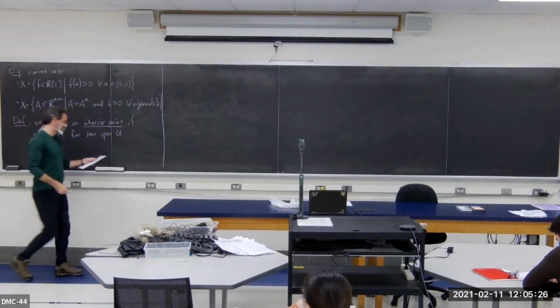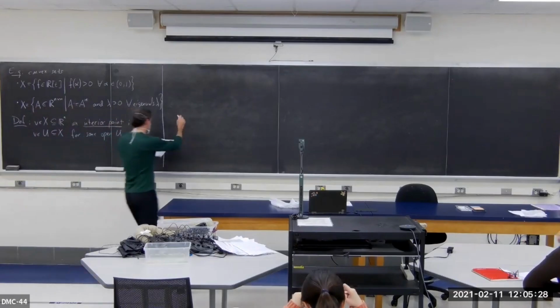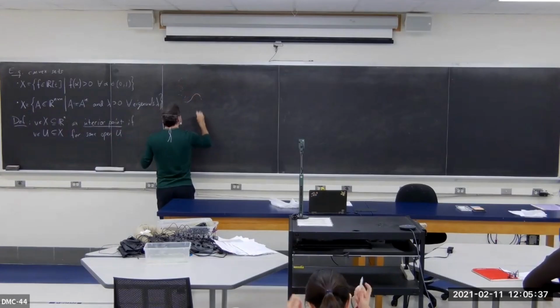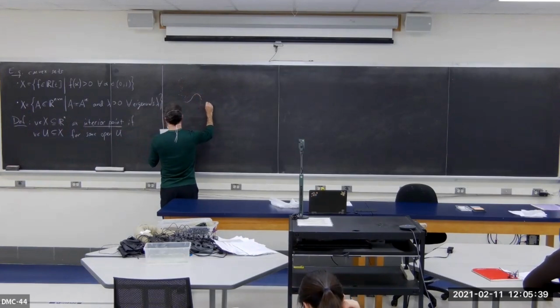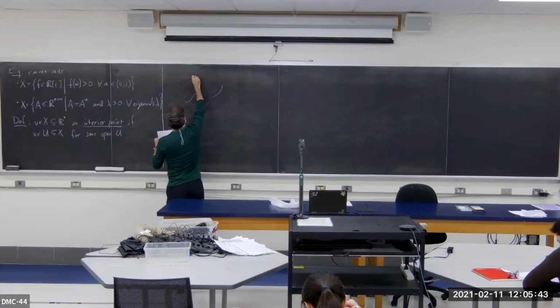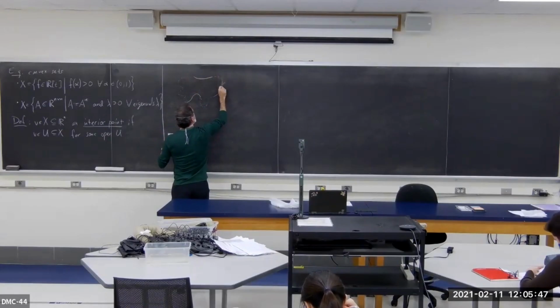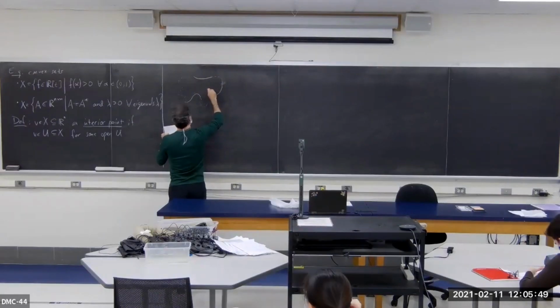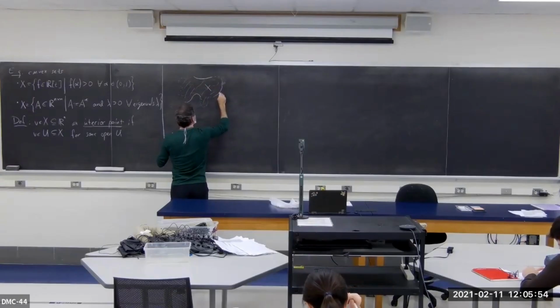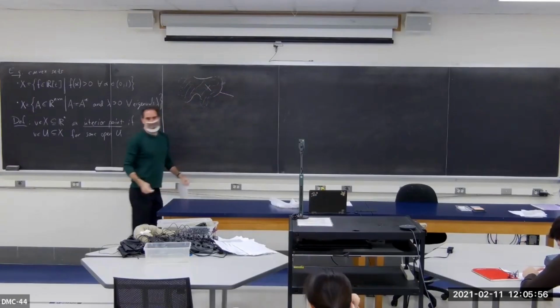So the picture is that you have some space here, and maybe it contains part of its boundary, and maybe it doesn't contain other parts of its boundary. It contains that part, and not that part, like this, and that would be our set X. It could also have something that sticks out like that.